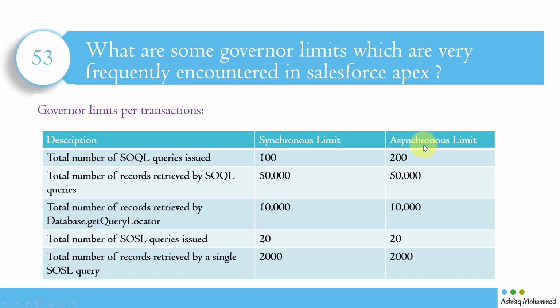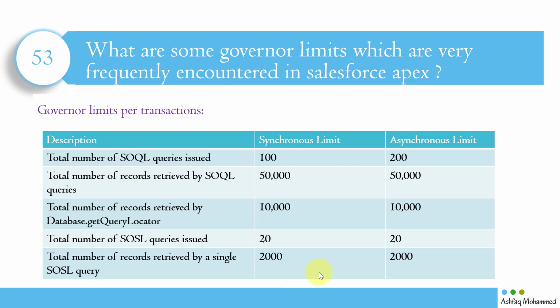If we are not running immediately, that is asynchronous. For asynchronous we have a little higher limit, double the synchronous limit. So here we can have 100 SOQLs, here we can have 200 SOQLs. The total number of records retrieved by SOQL queries is 50,000 records, in asynchronous also 50,000 records.